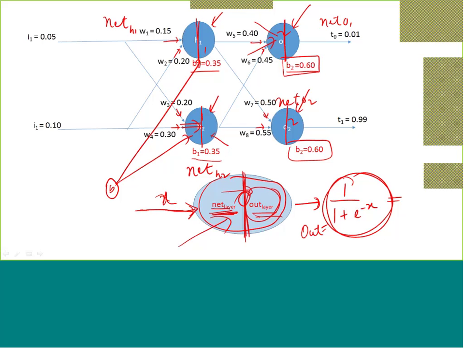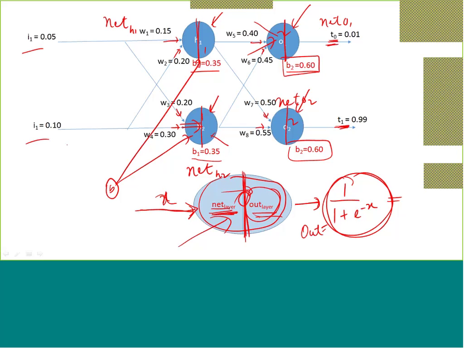T is the target. T1 and T2 are the outputs produced by the neural network. I1 is the input given to the neural network.